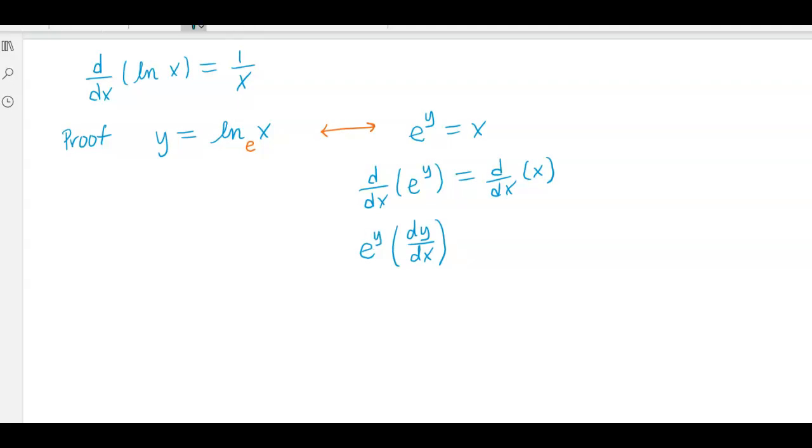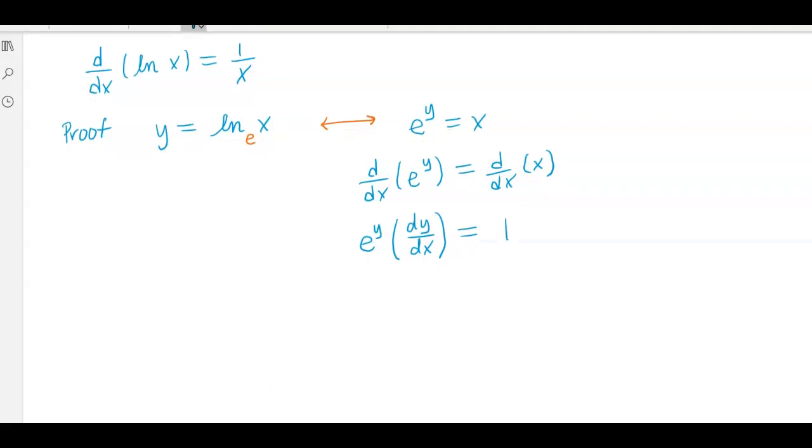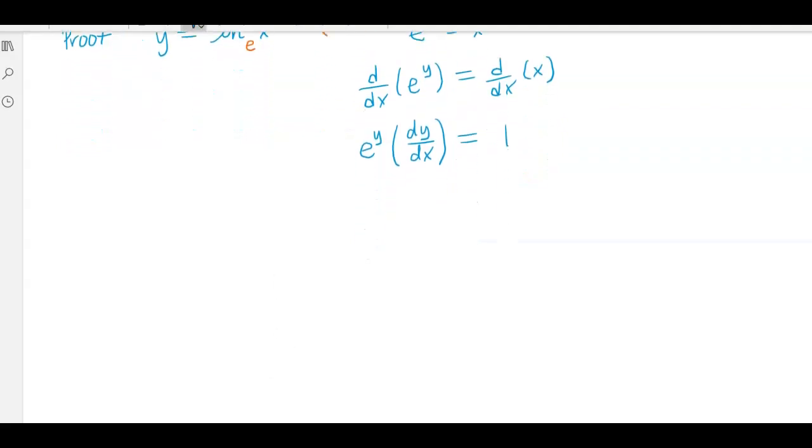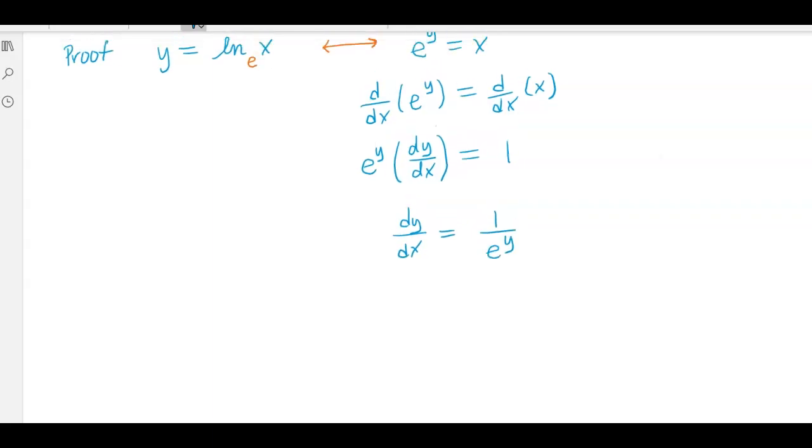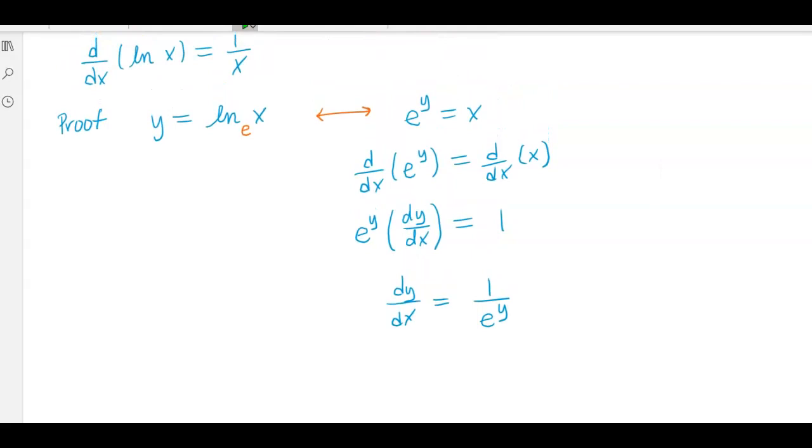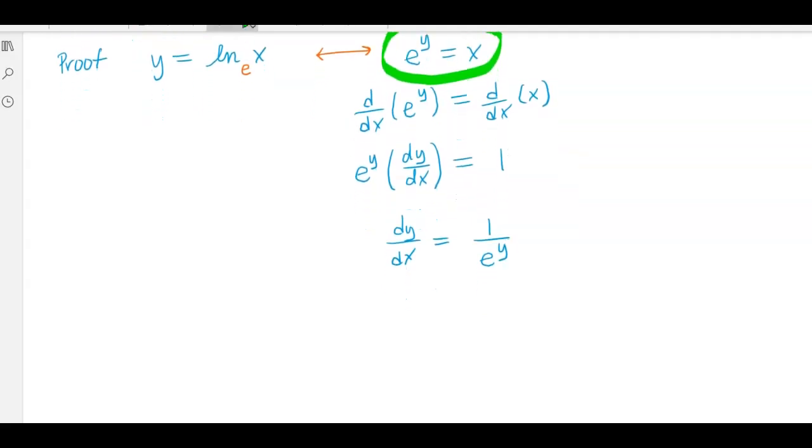And then the derivative of x on the right-hand side is just 1. Solving for dy dx, we get 1 over e to the y. And then looking back at the original way that we defined the function, we'll make an exchange there and we'll say that the derivative is going to be 1 over x. So that's the proof of the first one.